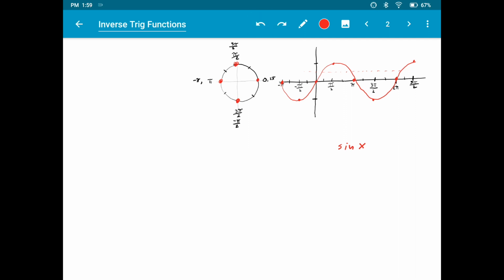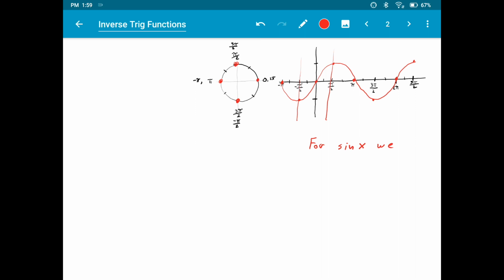So the easy way to see how we restrict our domain is I need to cover the entire range from negative 1 to 1, and I would like to be including 0 if possible. So the easiest way to do that is to go from negative pi over 2 to pi over 2.